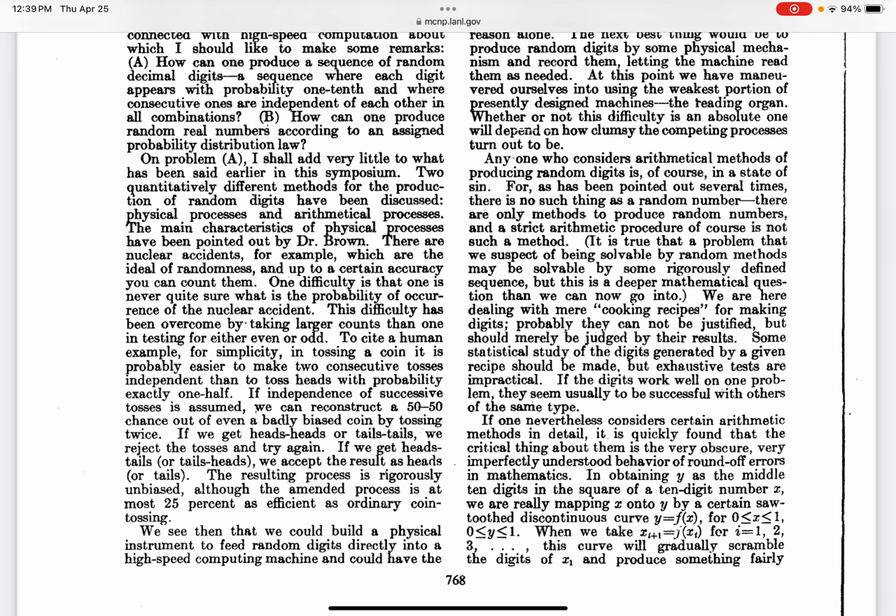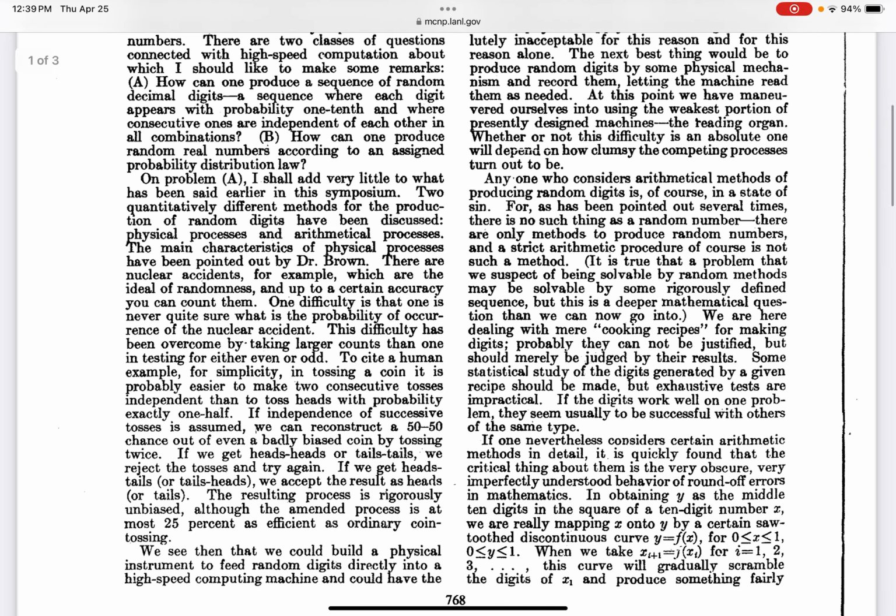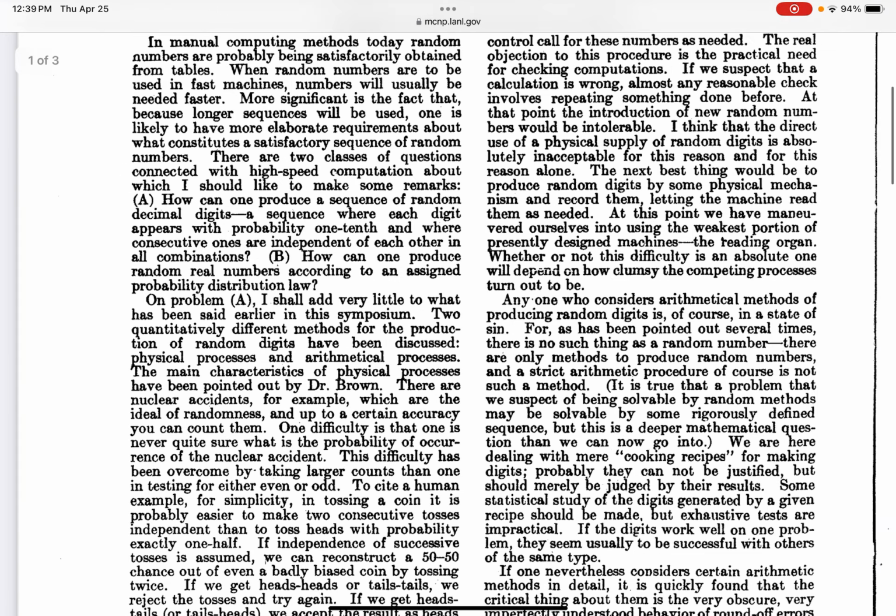He says, how can one, so here's A, if we read here, how can one produce a sequence of random decimal digits, a sequence where each digit appears with probability 1/10 and where consecutive ones are independent of one another in all combinations? Now, here he's just asking for a random sequence of decimal digits, so the digits between 0 and 9.